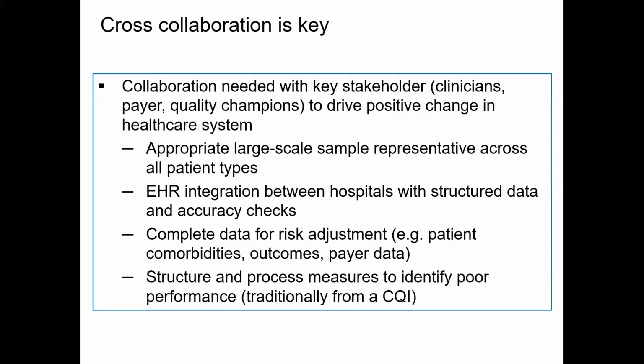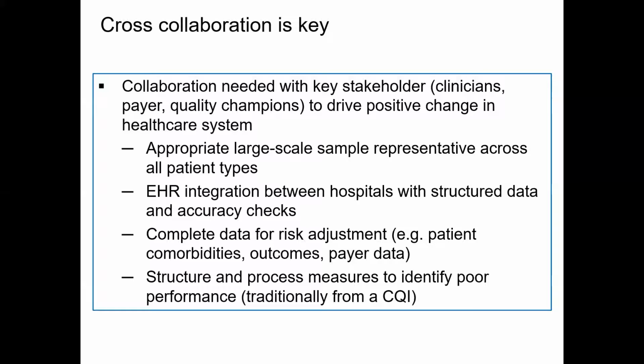You need to consider if the patient mix is similar between the different hospitals being represented. Is it just urban versus rural? Is it trauma centers or not? Is it a key representative sample for the type of data that you want to model? Obviously, EHR integration between hospitals is key, with structured data elements and accuracy checks built in to ensure that no free text elements are being pulled.